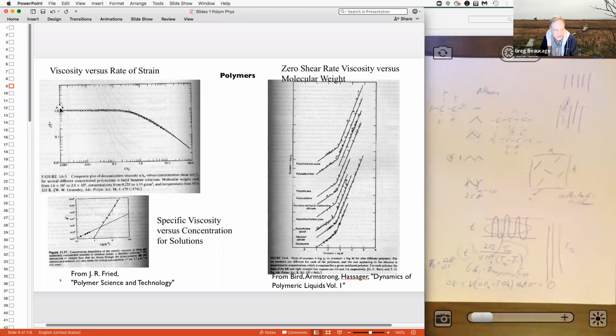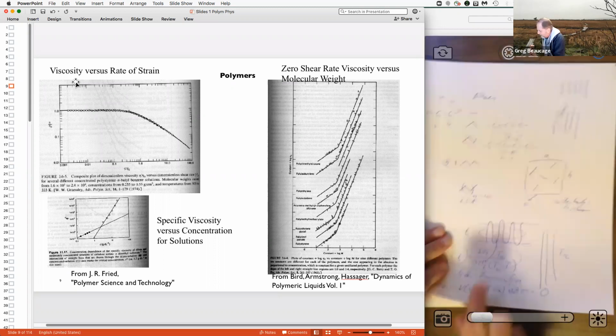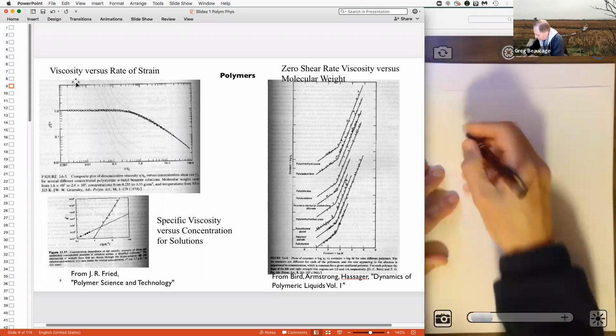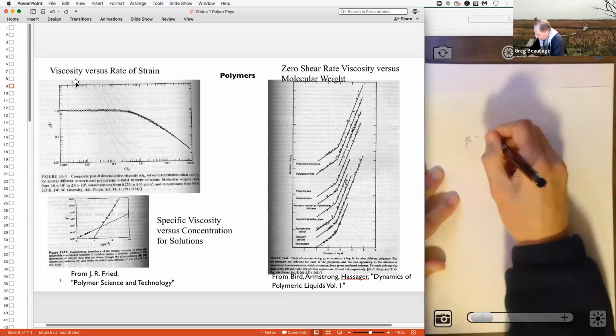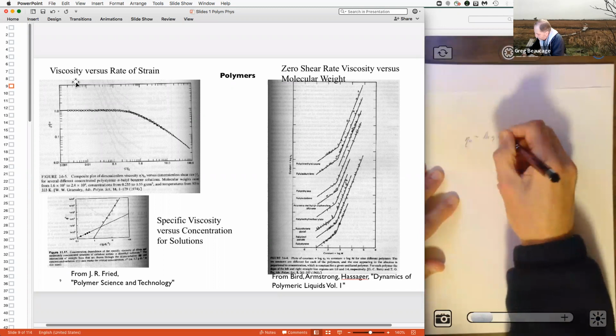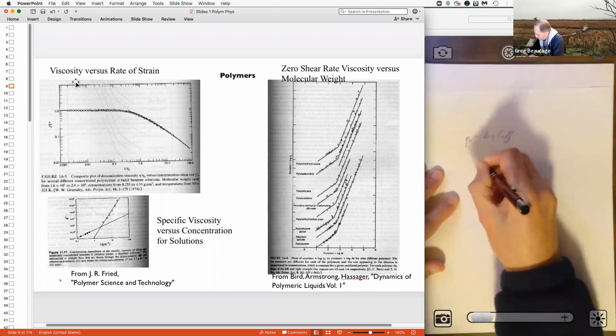And that zero shear rate viscosity depends on the molecular weight. If you're at low molecular weight, in an oligomer, that viscosity is going to be something like a drag coefficient. You can think of it like trains, right?